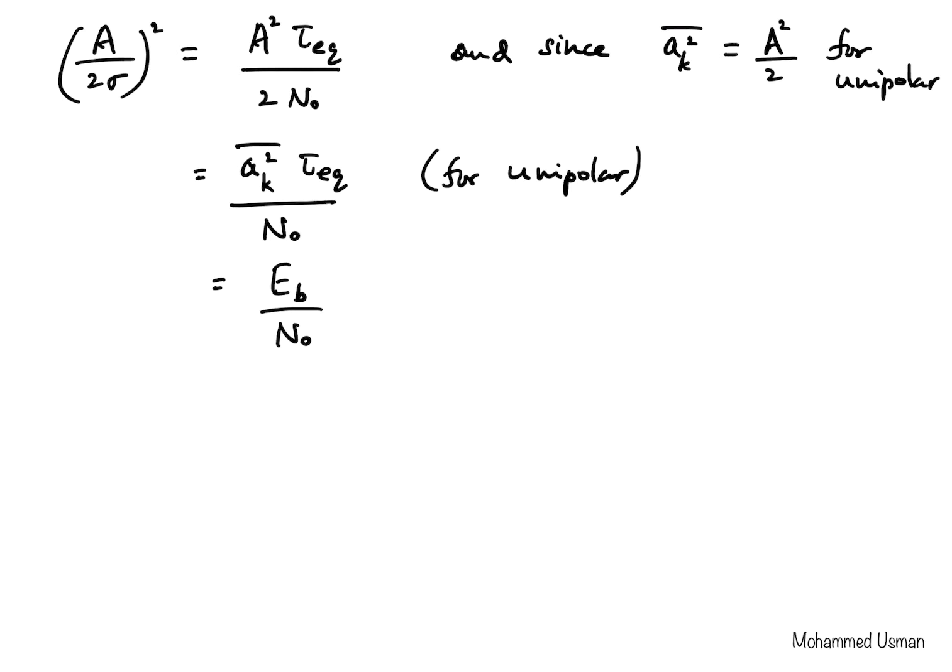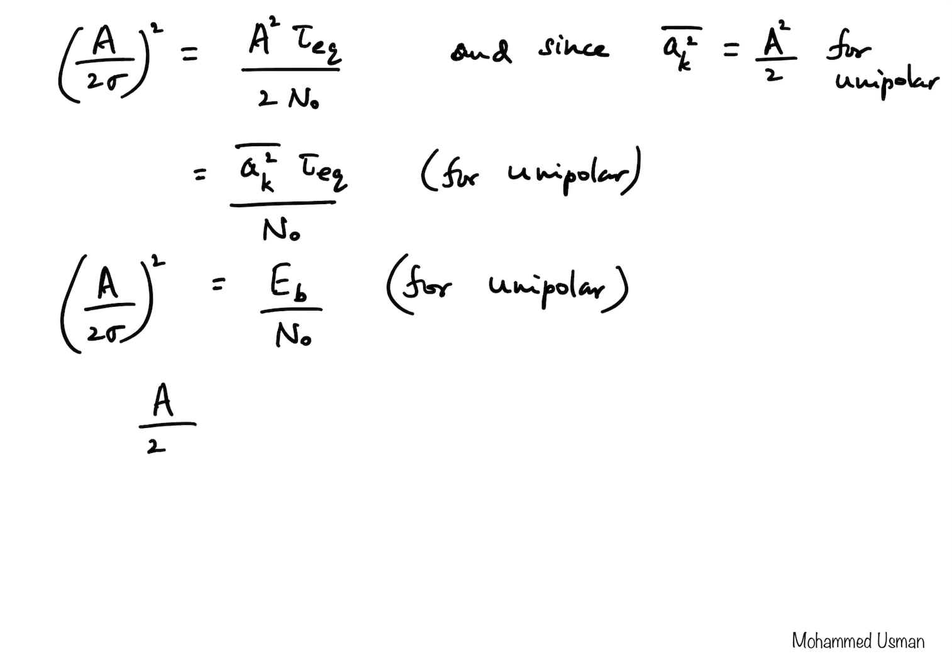So a by 2 sigma the whole square is Eb by n naught for unipolar signaling. Or in other words, we can take the square root now. A by 2 sigma is going to be the square root of Eb by n naught for unipolar signaling.